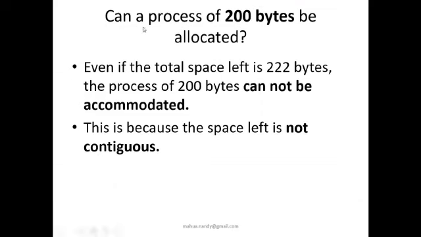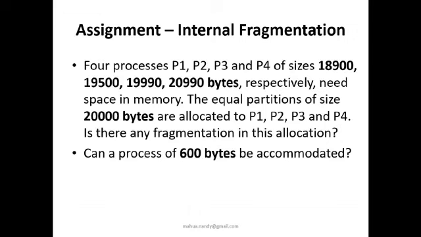The next question is, can a process of 200 bytes be allocated? Even if the total space left is more than 200 bytes, the process of 200 bytes cannot be accommodated because the space left is not contiguous. Another similar assignment is given to be worked out regarding internal fragmentation.